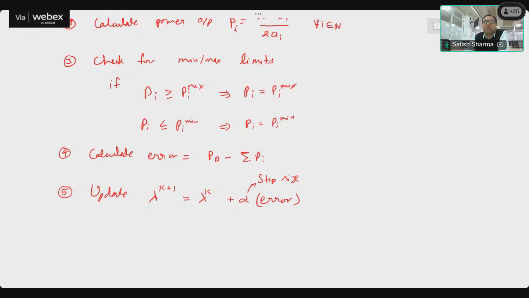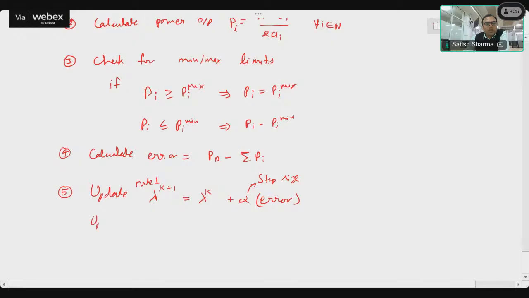And this is very crucial, because if you keep a very high or very low alpha, your solution will update differently. So this is update rule 1.